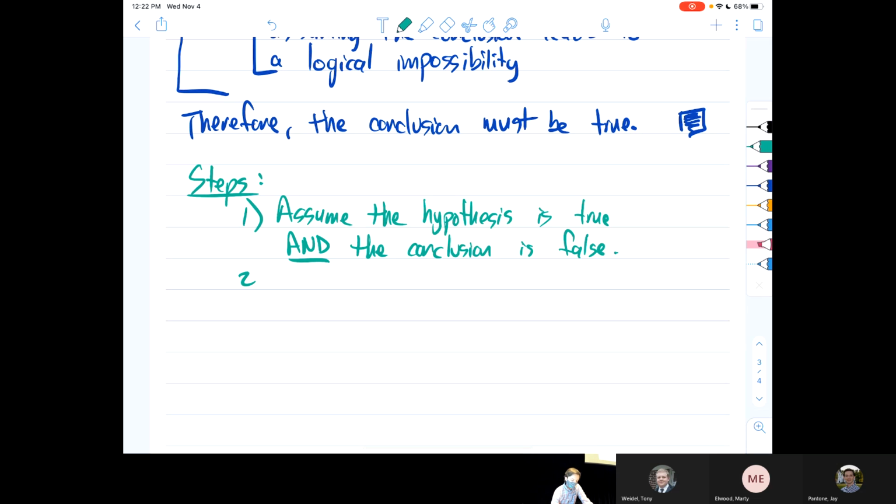Number two, and this is the hard part, do stuff. That's whatever logic it takes. In this case, it was using the definition of rational, subtracting, finding our result was rational, etc. This is where all the logic of your proof happens. Step three, reach a logical contradiction.